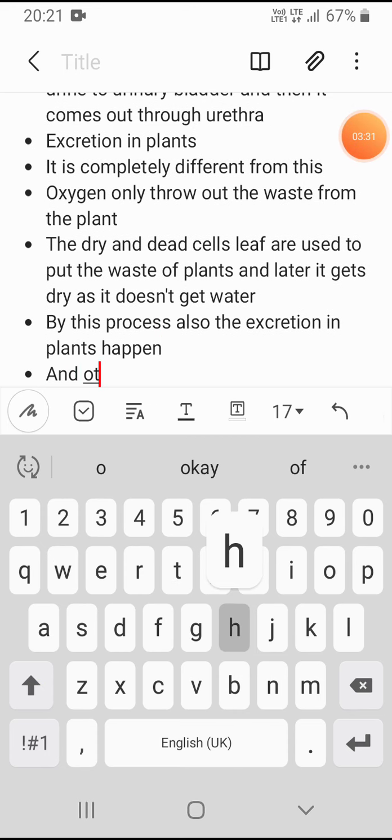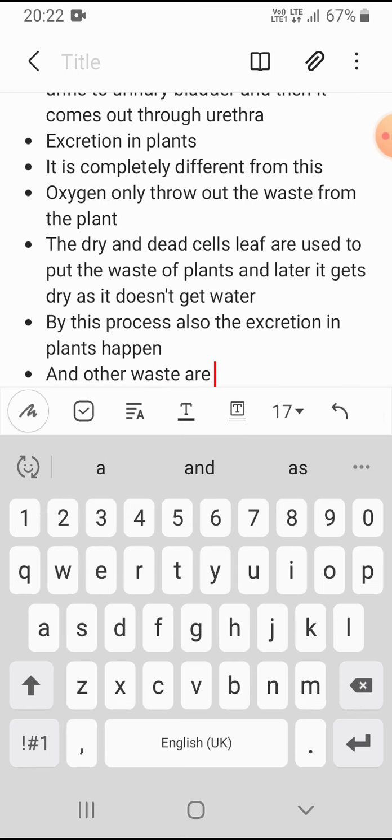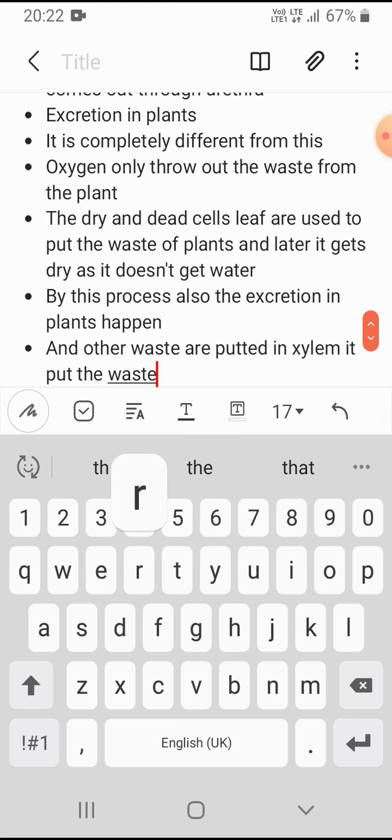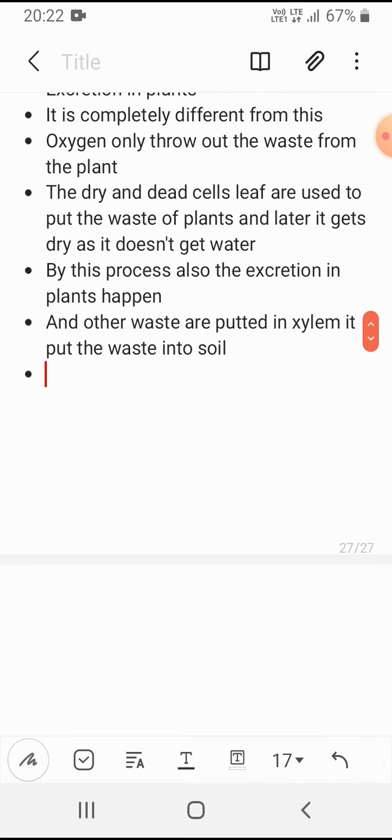Other waste is put in the xylem and the xylem puts the waste into the soil. So like this, excretion in plants happens through leaves, sometimes through oxygen, or they put the waste into the xylem and into the soil.